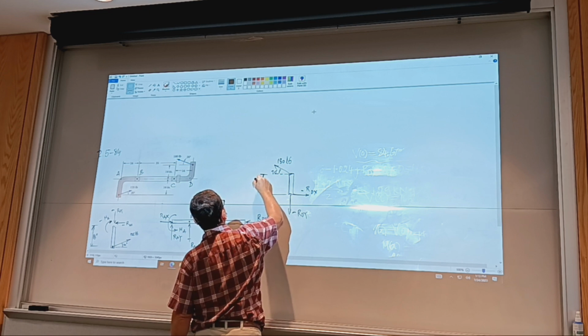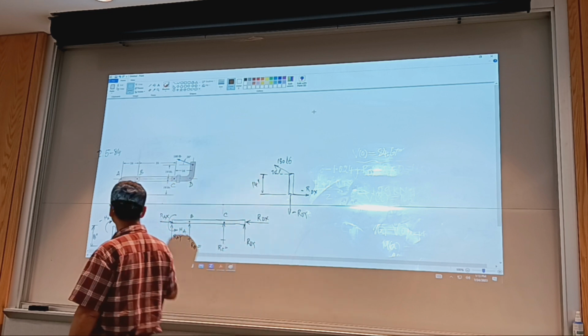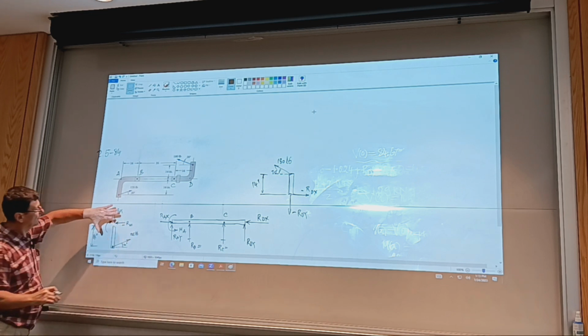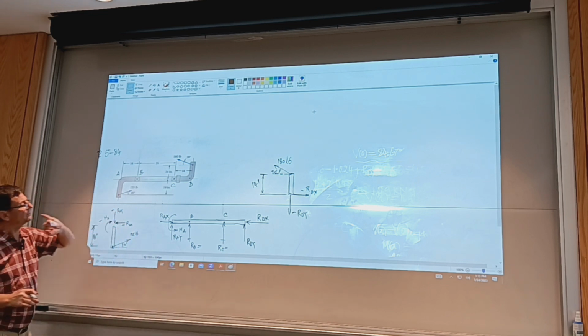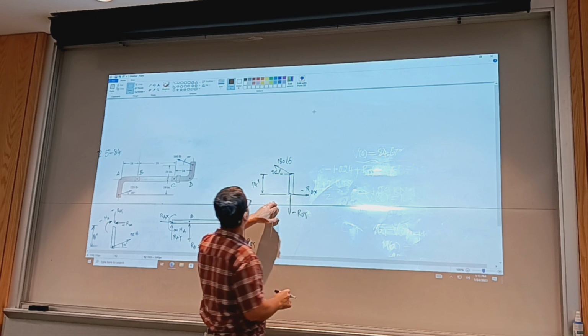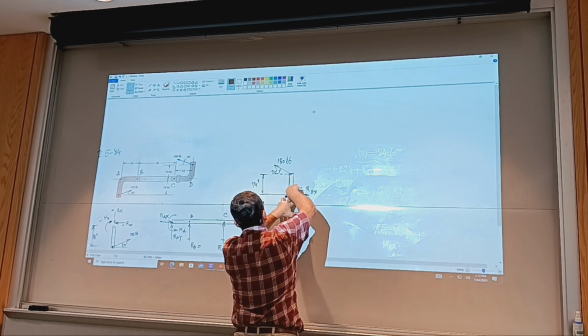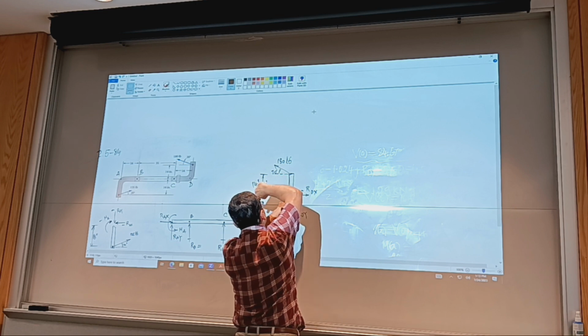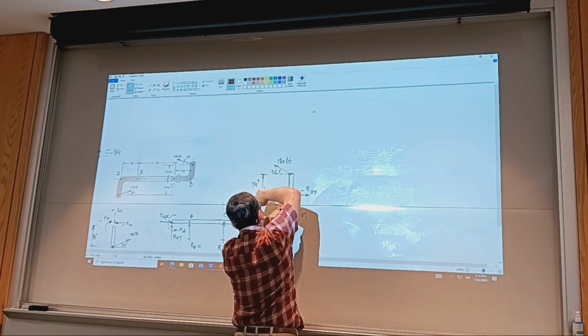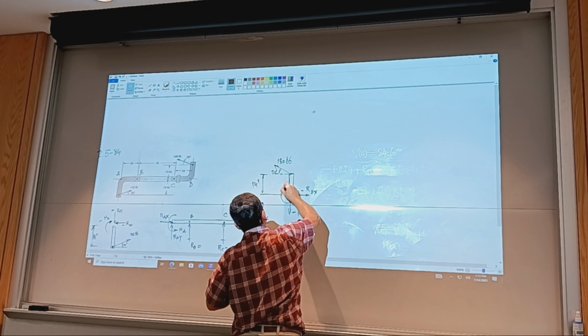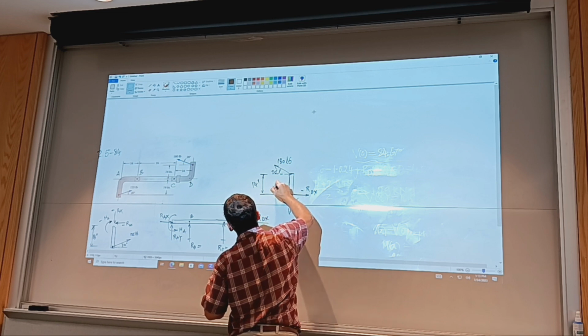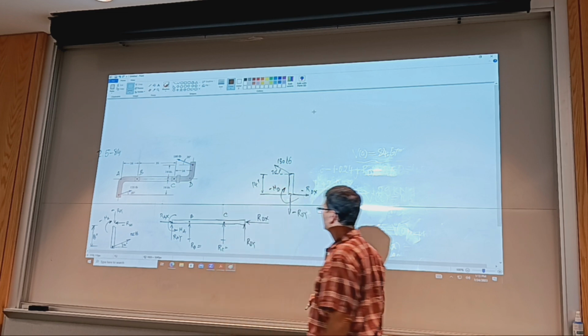14 inches. Okay, so we can go on writing equilibrium equations. And by the way, I need to also show a moment here. The beam, this short vertical portion at D, has a tendency to rotate this way. I need to counteract with a moment that goes the other way. So this is M at D, and I call it negative.